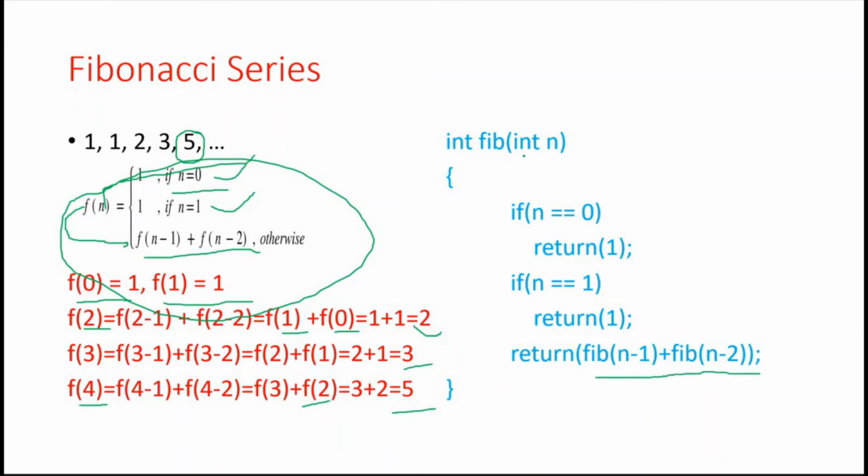We will break down Fibonacci(n) into Fibonacci(n-1) plus Fibonacci(n-2), and we will break down Fibonacci(n-1) further and Fibonacci(n-2) further again into two cases, and we will keep doing that until we reach the terminating condition.